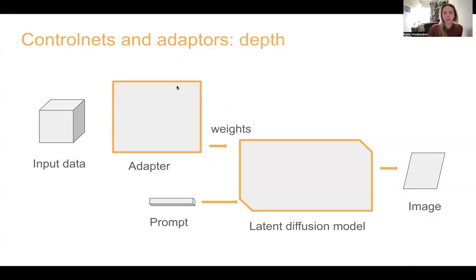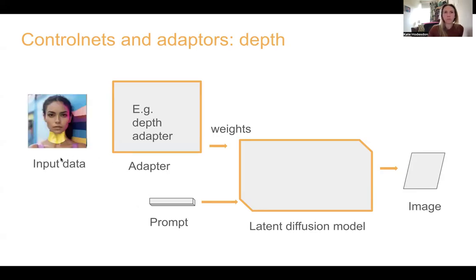Okay, so suppose we have a depth adapter, then this will allow you to pass in a depth map as well as a prompt. And then by varying the prompt, you will get out different images, but they adhere both to the prompt and to the depth map. So you're basically using that depth map to restrict or control the generation space.